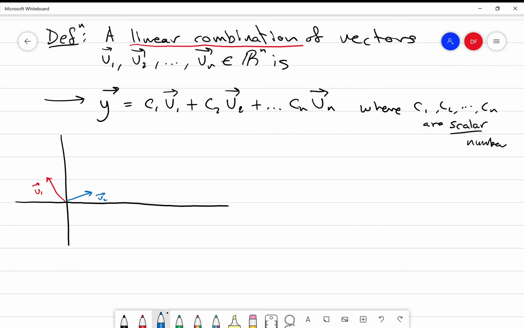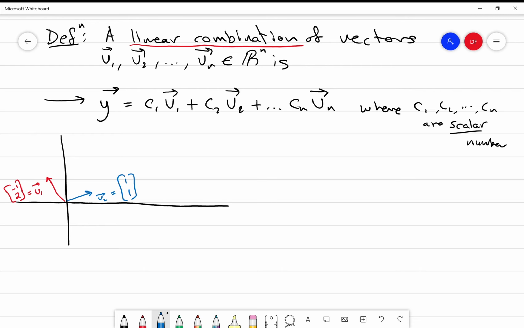And let's say v1 is (-1, 2), and let's say v2 is (1, 1). Okay?